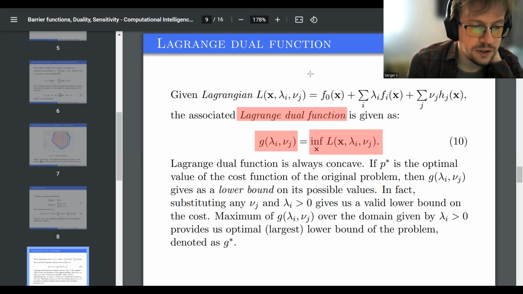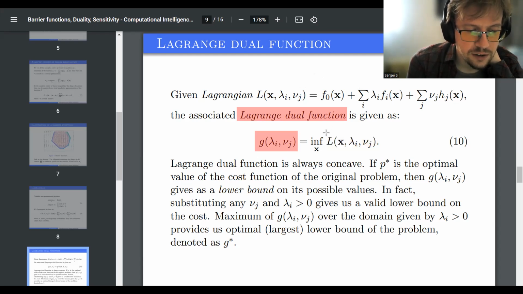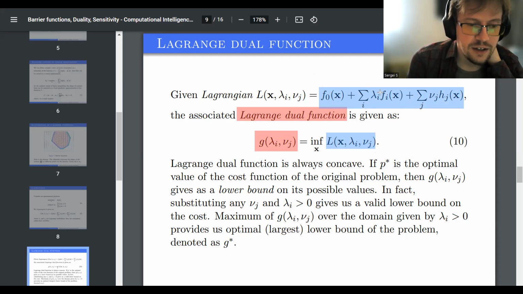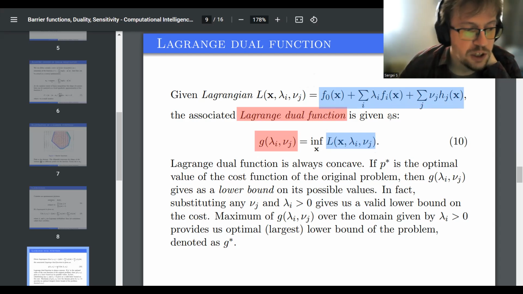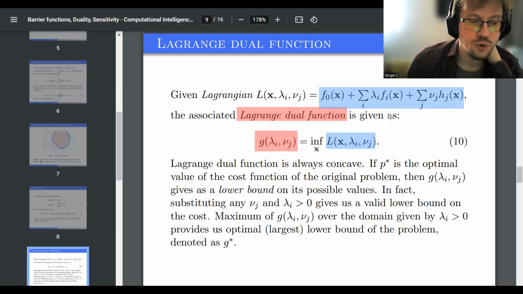You can think about it this way. This and this are the same, but the one in red is this blue function minimized with respect to x. Whichever value of lambda and nu you pick, we pick such x that makes it smallest possible.